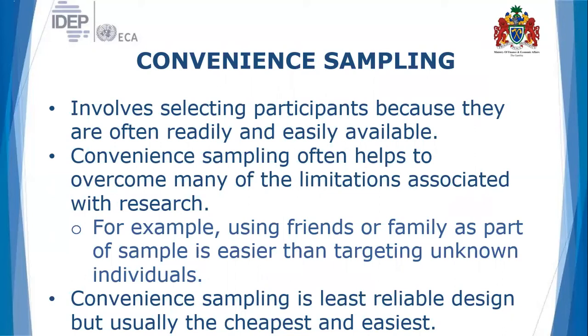For example, convenience sampling can involve using friends, people that the evaluators are already familiar with, or family members as part of the sample, which is easier than targeting unknown individuals or strangers.